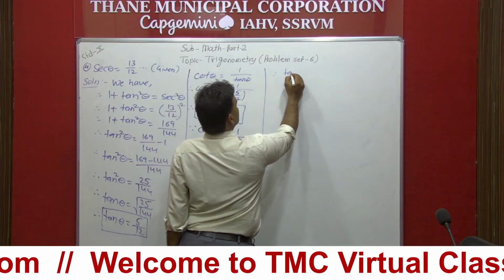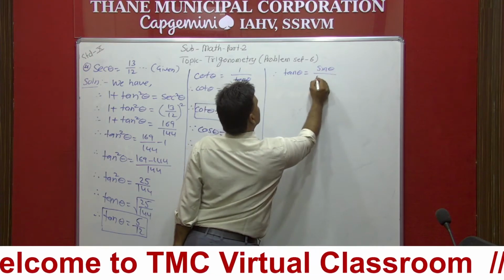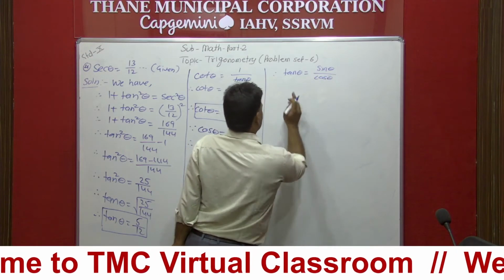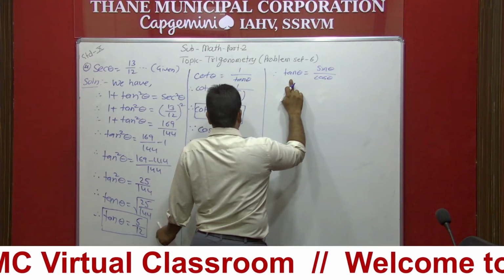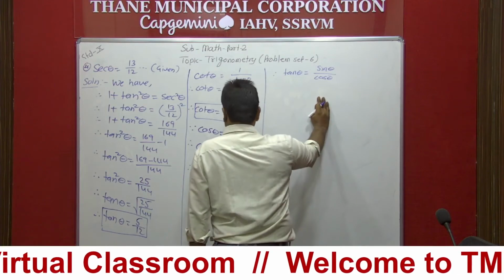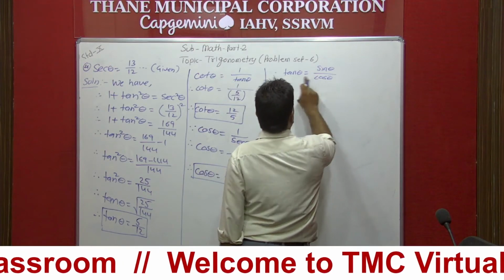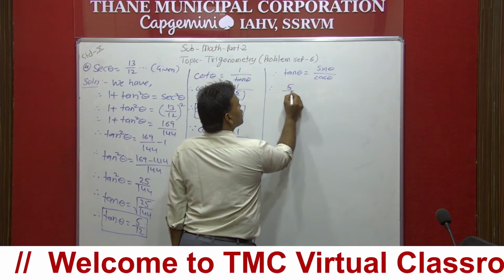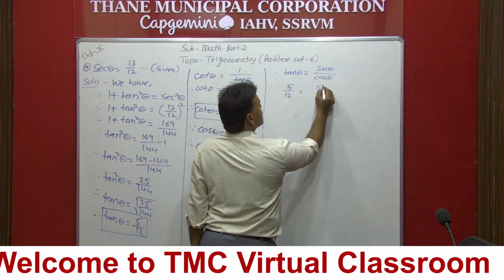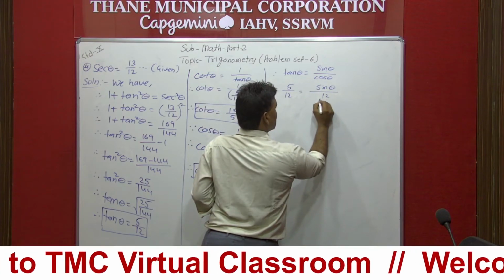Since tan theta is equal to what? Sin theta upon cos theta. We have the tan value, which is 5 upon 12, and we have the cos value, which is 12 upon 13. So let us put the values. Tan theta is 5 upon 12, that is equal to sin theta upon cos value 12 upon 13.